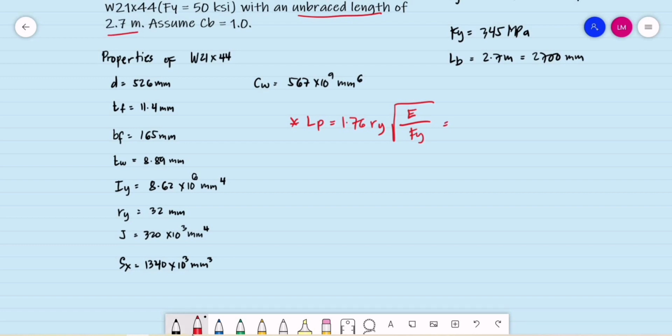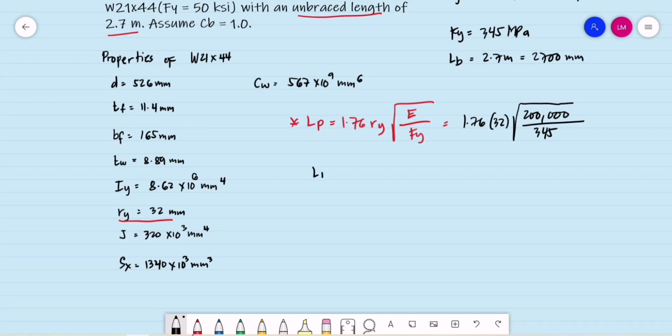So we are now substituting. We have L sub P equal to 1.76. Ry for this section is 32 mm, multiplied by the square root of the modulus of elasticity of steel, which is 200,000 megapascals, divided by Fy, which is 345 megapascals.